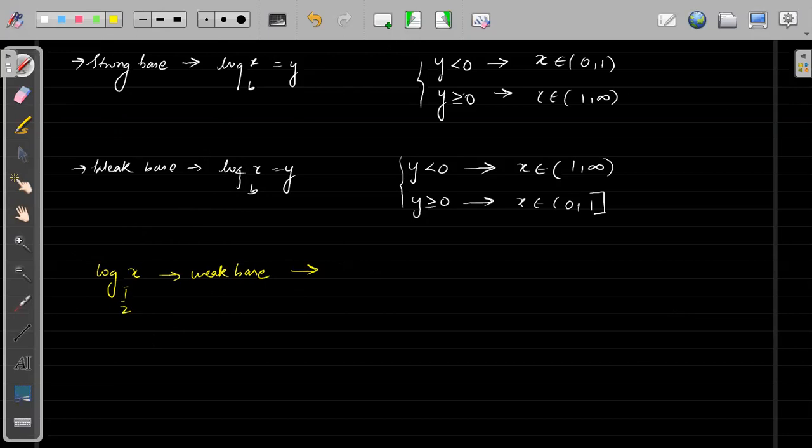Simply, I will write this as log base x of 1 by 2, as log base x of 2 to the power minus 1. And we know the property of log, this will become minus 1 times log x base 2. This is a strong base. You know the graph of strong base, right? So for this strong base, you can just make the graph with a negative sign. So the whole graph will get flipped about the x-axis, right?